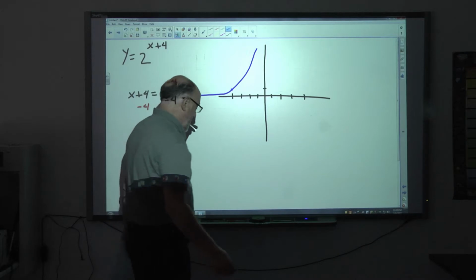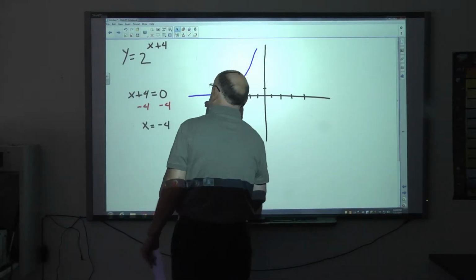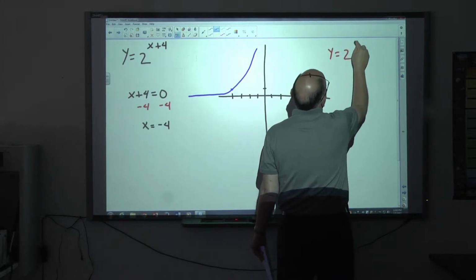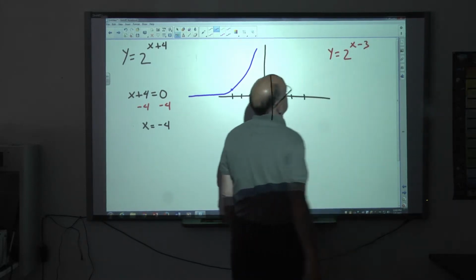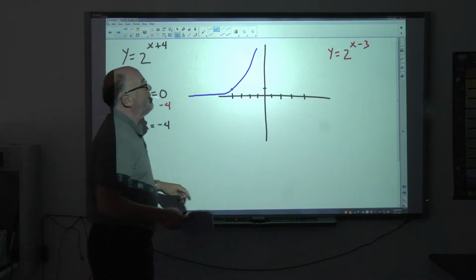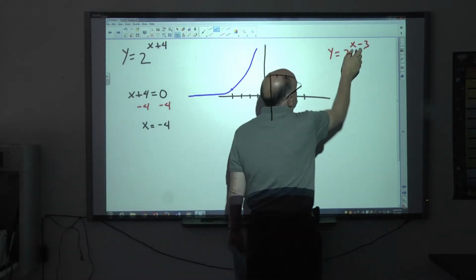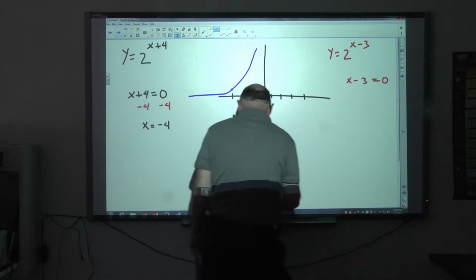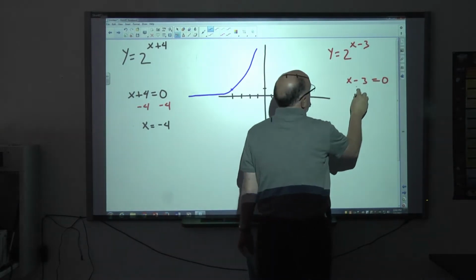Right? And then if we did another one, y equals 2 to the x minus 3, again the question is when will that exponent be equal to 0? So we can take this part, set it equal to 0, and add 3.